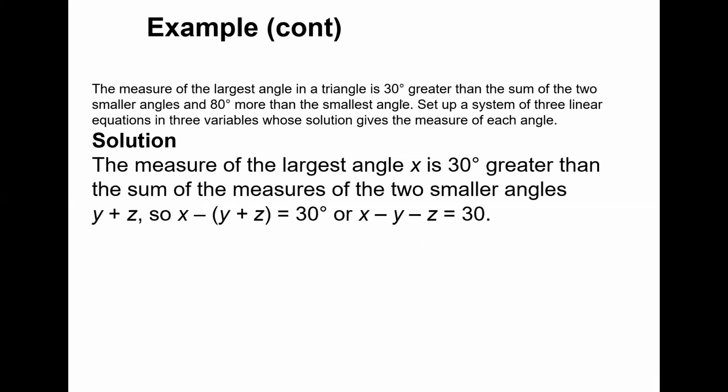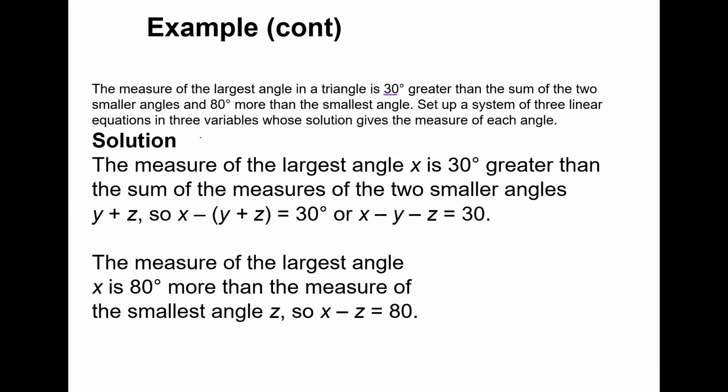The sum of the two smaller angles is our y plus z, so x minus the quantity y plus z is 30. If we distribute the negative, we get x minus y minus z equals 30. That's our next equation.